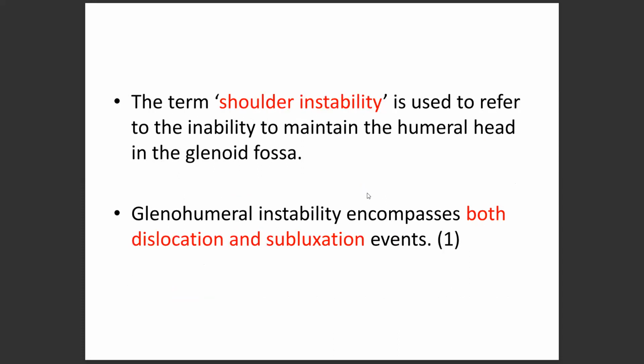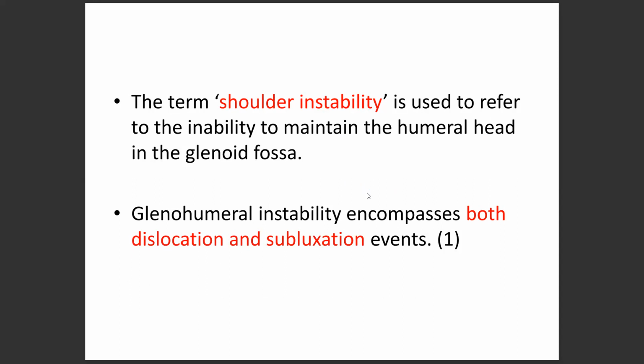Now, what does this shoulder instability mean? Shoulder instability, simply put, is the inability to maintain the humeral head in the glenoid fossa. Somehow we can say that if the humeral head is not in its normal position, if it is subluxed, if it has changed its position, it will be called instability.